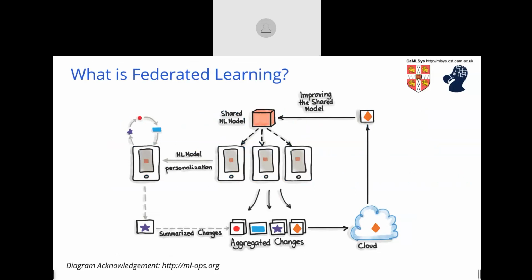This is a method by which we can train machine learning models using data that is stored locally. So conventionally, to train a model, you would need to get your labeled data, collect it together centrally, and then run some training algorithm over the top of that data to produce a model. And there are a few downsides with that.